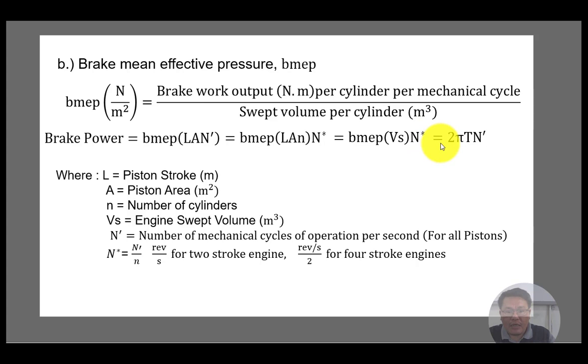Now your brake power is also equal to 2 pi T N. So you will see the variance of the equation, and it will always equal the brake power. We have variants of the equation in case the other properties are not given, so you can look at other equations to come up with a solution.